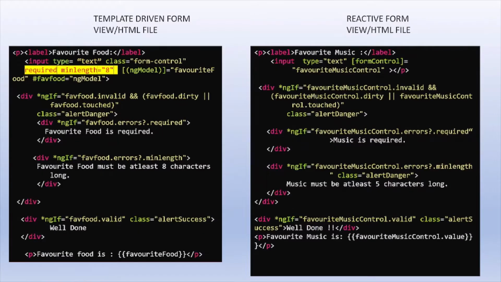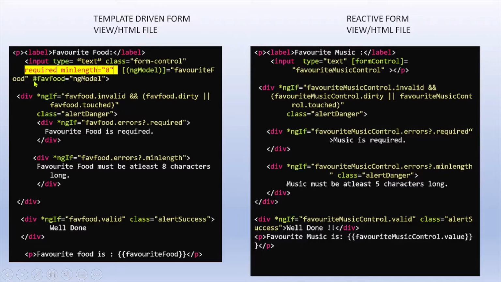Coming to the view files for each of these forms, you can see as is highlighted here that validations need to be specified on the template, and we are also using ng model, the directive with two-way binding, right? And that's of course linked to the property that we defined in our class file. Here we have now what is called a template reference variable.